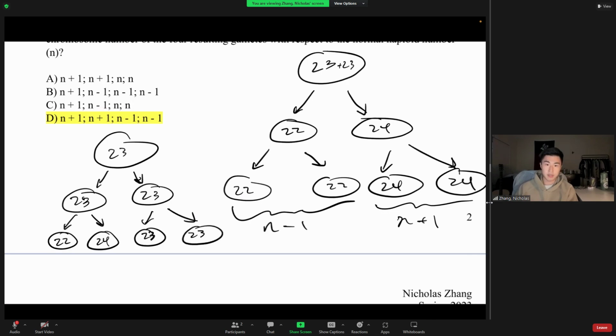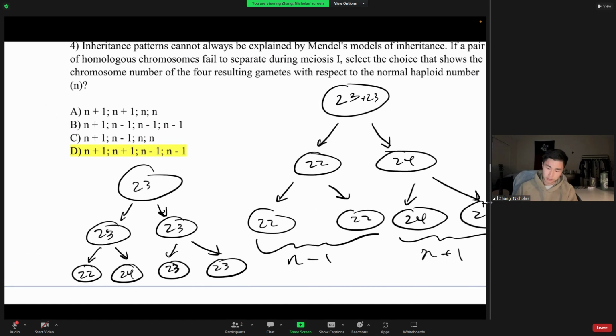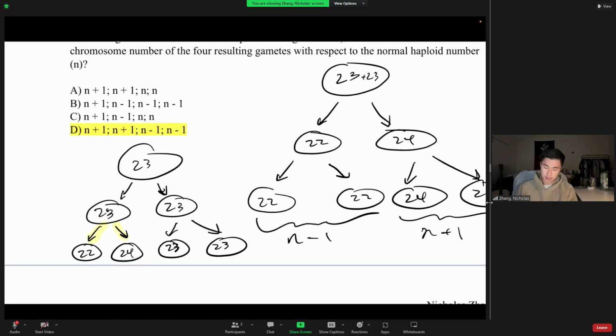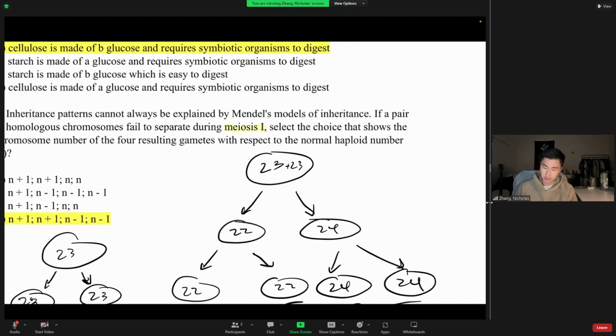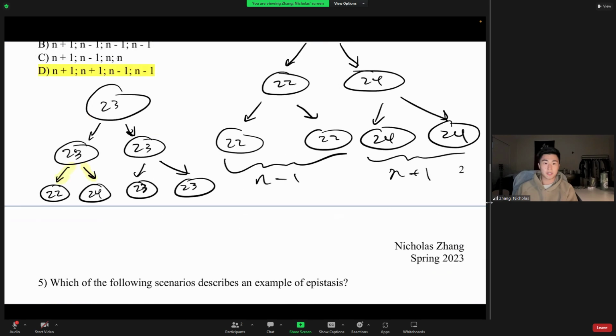You can't really tell, but this is what it would look like if non-disjunction only occurred right here during this separation. This is going to cause which answer choice? This one. That would cause C, but because we're talking about meiosis 1, D is the best answer here.